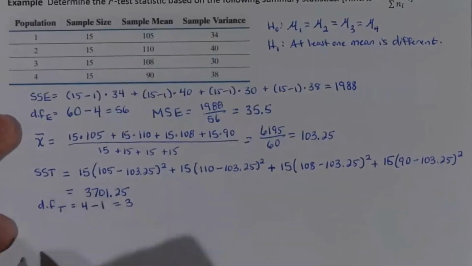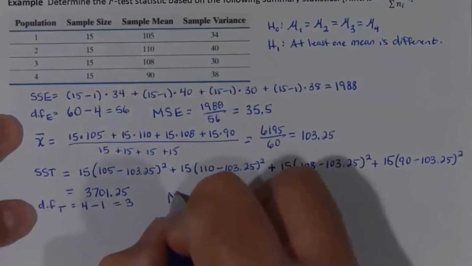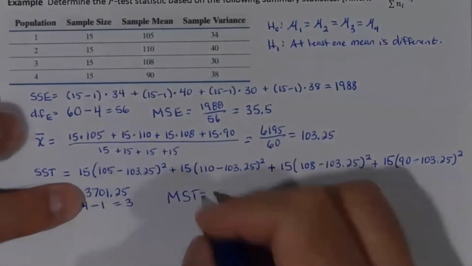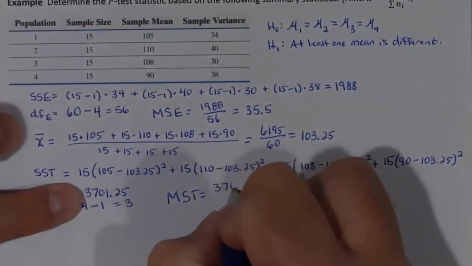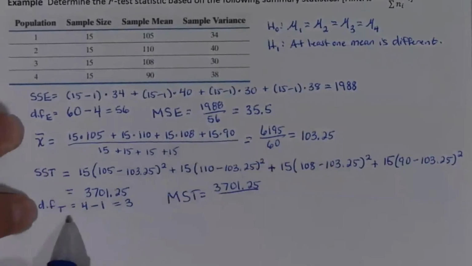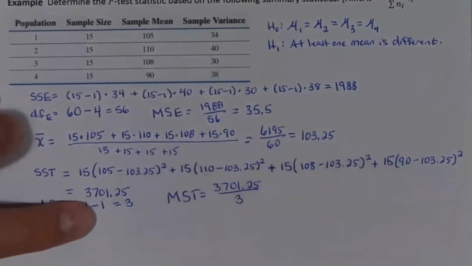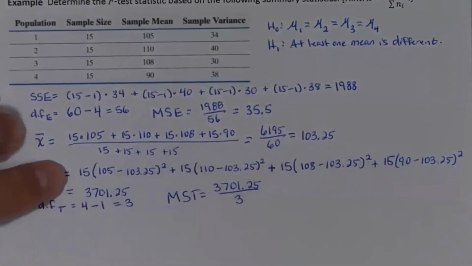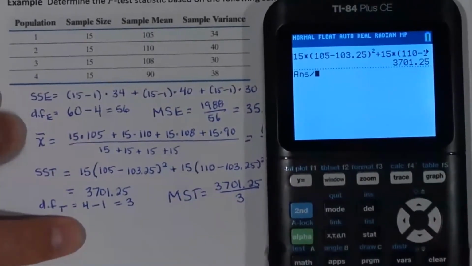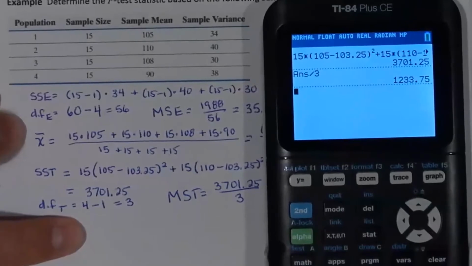And so our mean square due to treatment, MST, is going to equal the sum of squares due to treatment, 3,701.25, divided by the degrees of freedom due to treatment, which is 3. So 3,701.25 divided by 3 is 1,233.75.